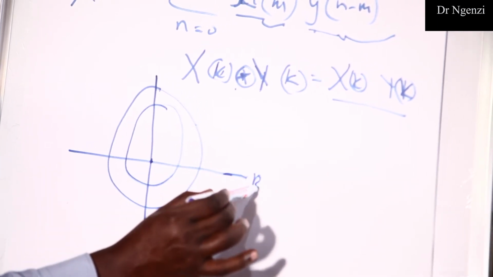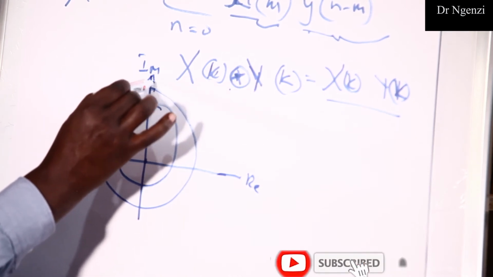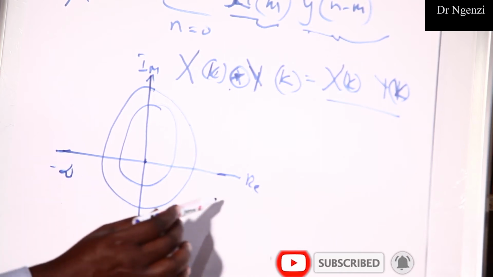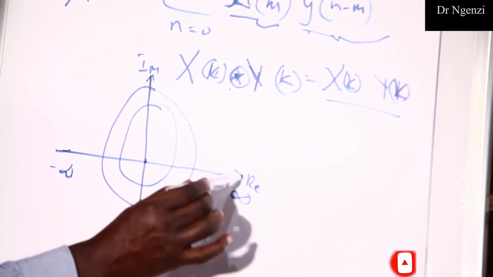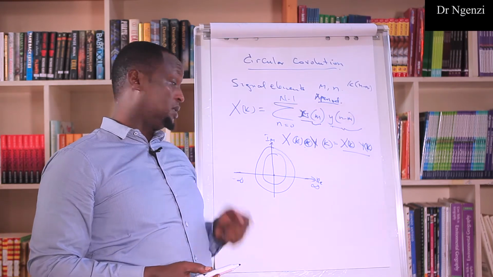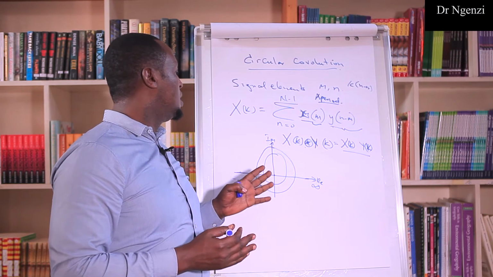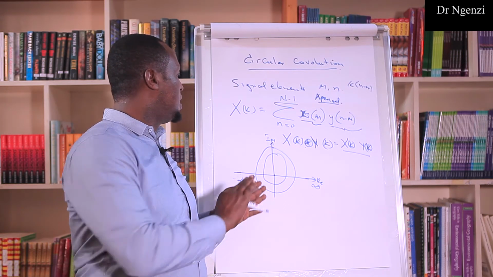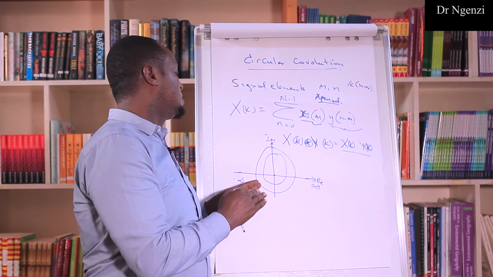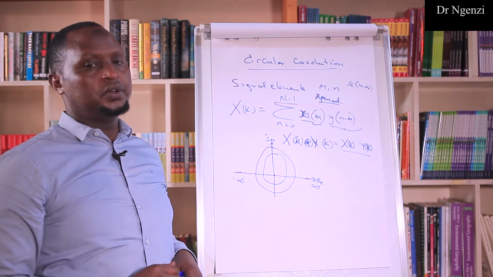Remember, this is the real axis and this is the imaginary axis, ranging for example from negative infinity to infinity, depending on how many values you obtain. For the other symmetric case you can use the cosine and sine values, but here it is imperative that you show the point of origin.